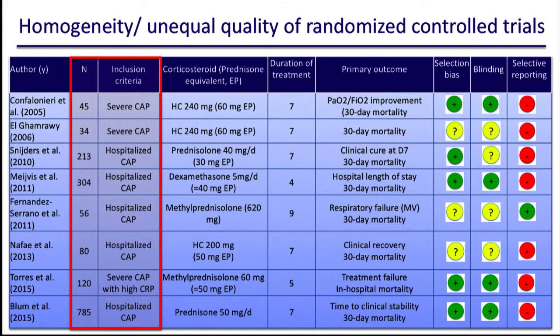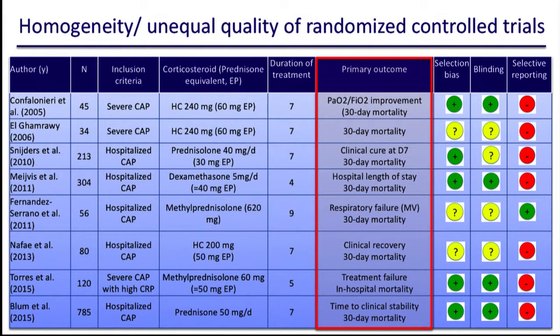In some studies, they included severe CAP, in others, only hospitalized CAP, and in the study of Torres right here, only severe CAP with high CRP levels. There was also a huge variability in corticosteroid regimens that were used and in the duration of corticosteroids. And it was also very heterogeneous concerning the primary outcome that was assessed.